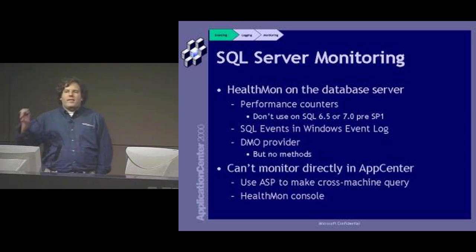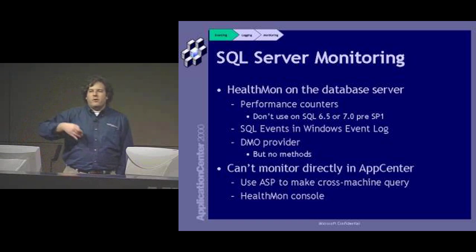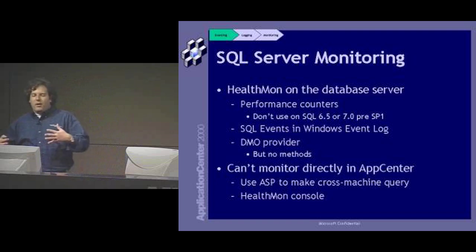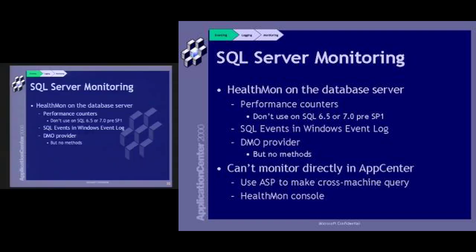They're writing that as a WMI provider, so you can do your configuration through WMI, but it also gives us access to a number of properties such as database size, table size, health. The one thing you can't do from HealthMon in this release is call any methods on it, but any properties are available. And we'll have samples for all three of those.